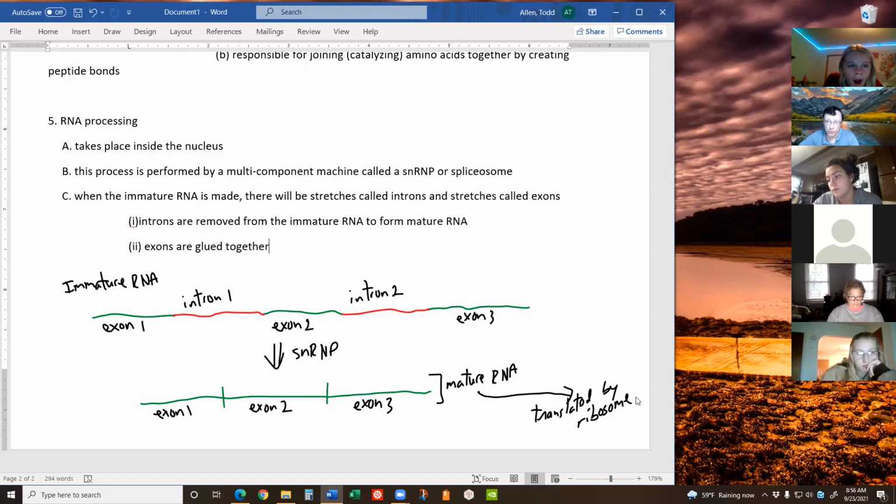The introns are removed, but they're not junk at all, and they're very rarely just thrown out the window, so to speak. The introns themselves, while they may not be used to actually make a protein, are used to regulate the expression of genes, to control, in Tony's question, when a gene should be on or when a gene should be off. So even though the introns are removed, they're not thrown out.